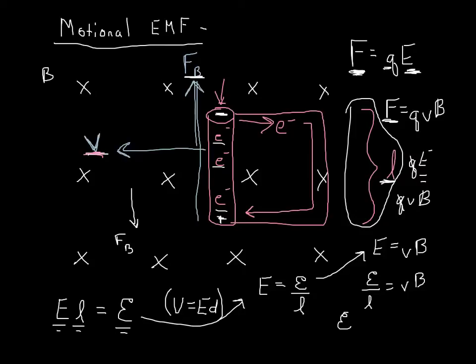My induced potential is equal to L times V times B, to finally get my induced EMF from a wire that's moving inside of a magnetic field. Induced EMF is equal to the length of the wire in that field times the velocity that it moves at times the magnetic field. I like to remember this as: the induced EMF is LVB, lovable.